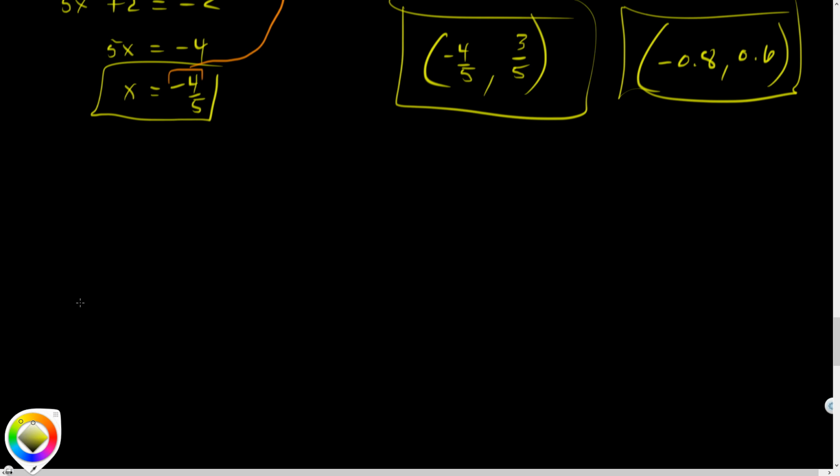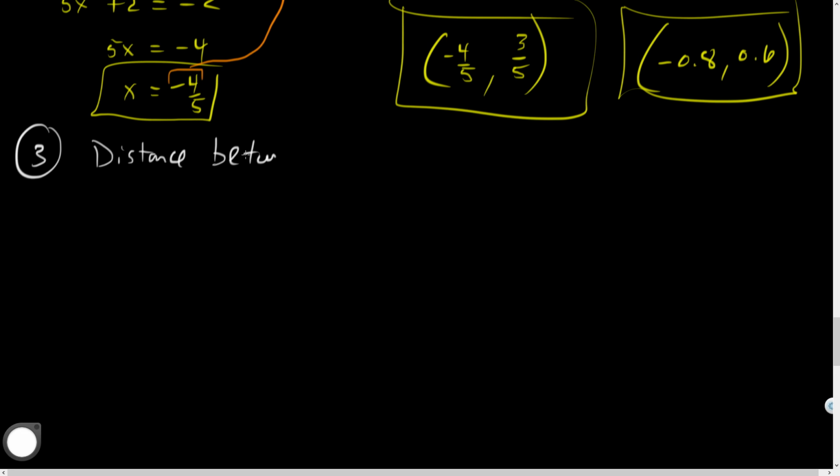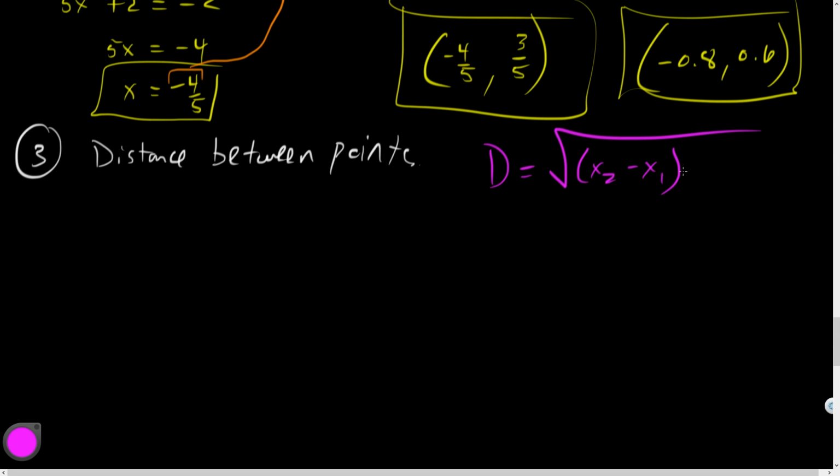All right, the last step, because I'm trying to find the distance. Right now I've got the intersection between a perpendicular line and the given line. So I've got to find the distance between that intersection and the given point. And in order to do that, we would use d equals the square root of (x2 minus x1) squared plus (y2 minus y1) squared.